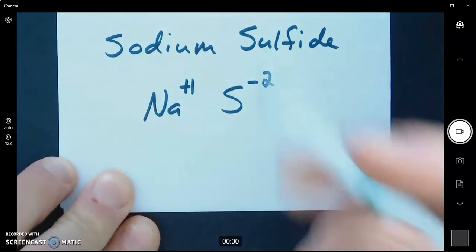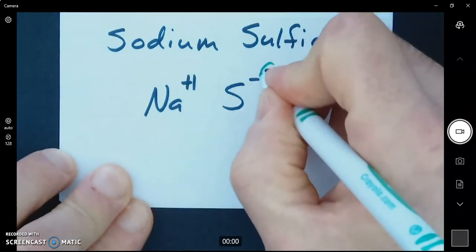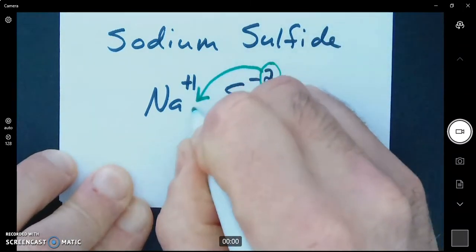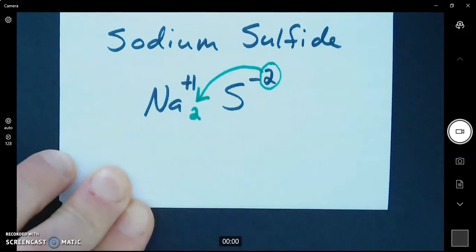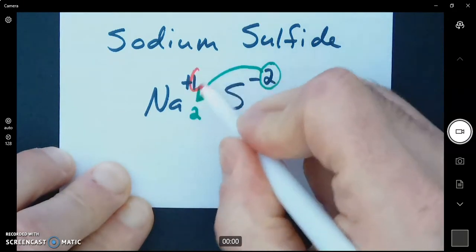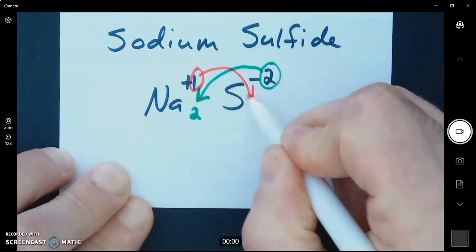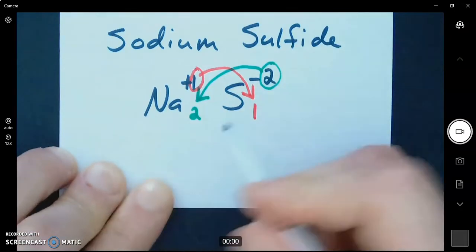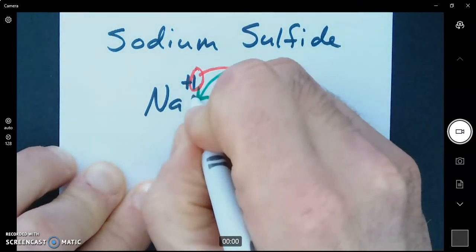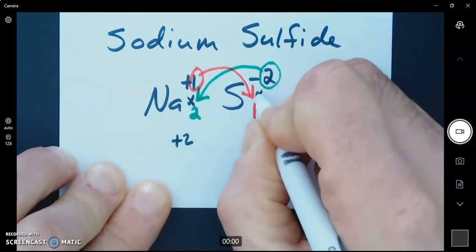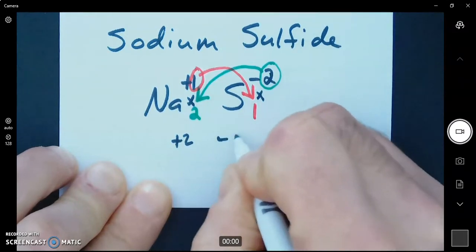Now we want to cross and drop. So we're going to take the 2 from the sulfide, bring it over here. That's going to become the number of our sodium ions that we need. And then we're going to take the 1, bring it over here. That's how many -2 sulfur. So if you think about that, 2 times +1 is going to give you +2. 1 times -2 is going to give you -2.